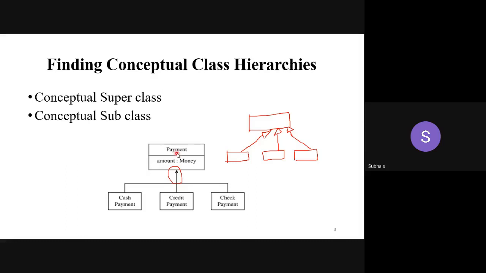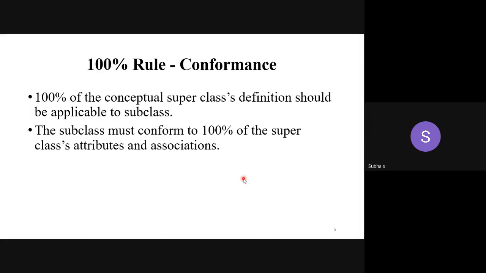So 100% of the attributes or the things that are used in payment, it should be applicable to all the three subclasses. If any one feature is not at all applicable to the subclass, means you can't consider it as a subclass. All the features must be applicable to all the subclasses. Then that is called as the 100% rule.